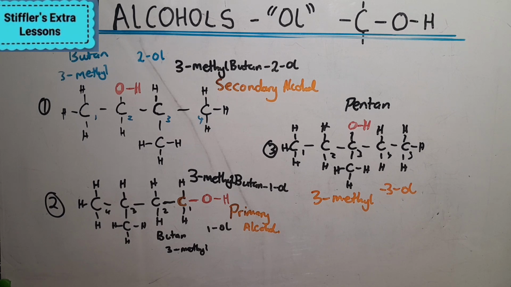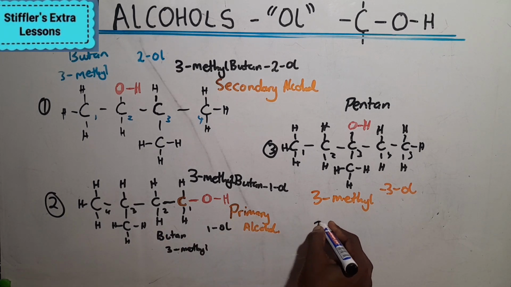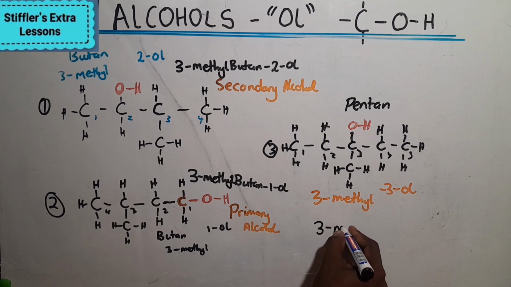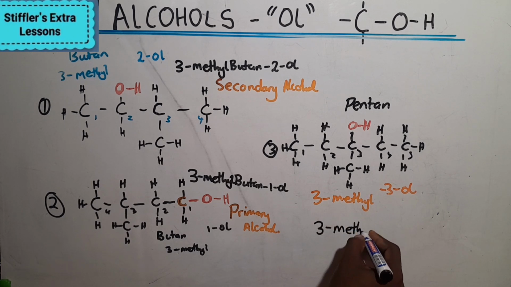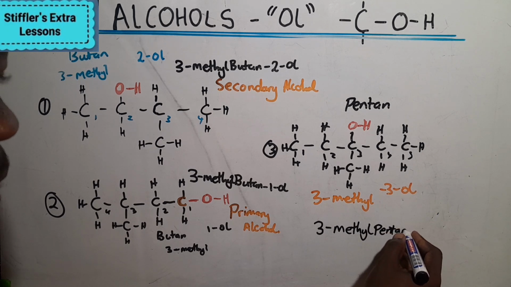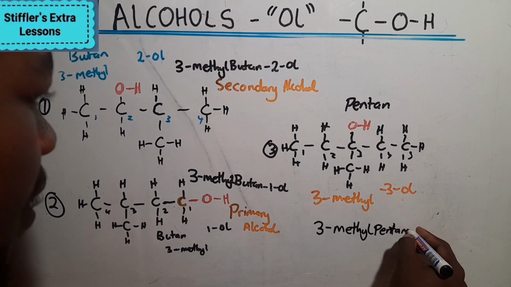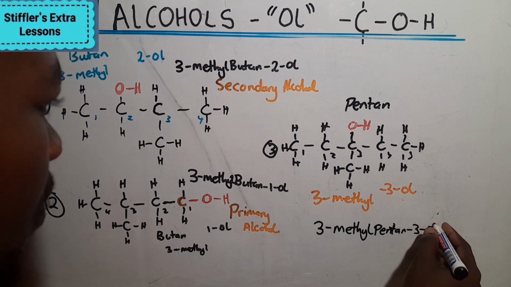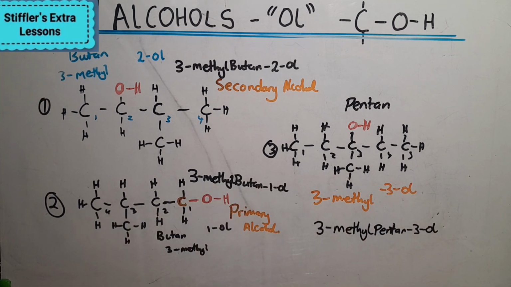So putting this together now, we're going to start with the branch. So this is 3-methyl, right? And then pentane, the parent name. And then on carbon number 3, we have the ol, like that.